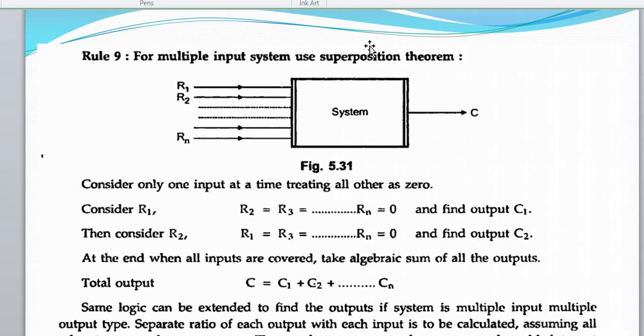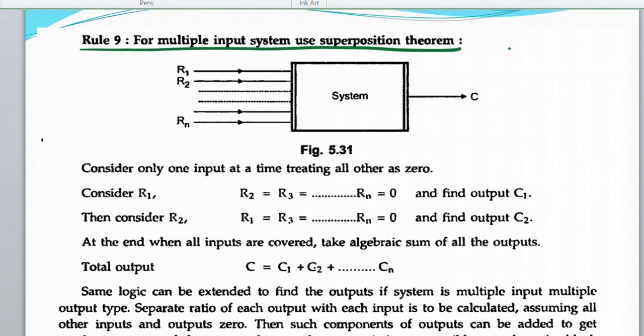So now coming to the next rule, that is rule number 9. Rule number 9 deals with multi-input systems where the principle of superposition applies. The principle of superposition I have explained in the introductory class also. That is, if a control system has, as shown in figure 5.31, many inputs R1, R2, R3 up to Rn, then how to obtain the output?